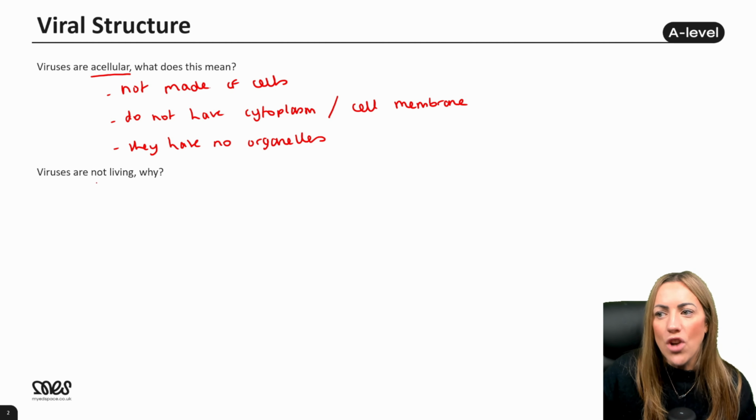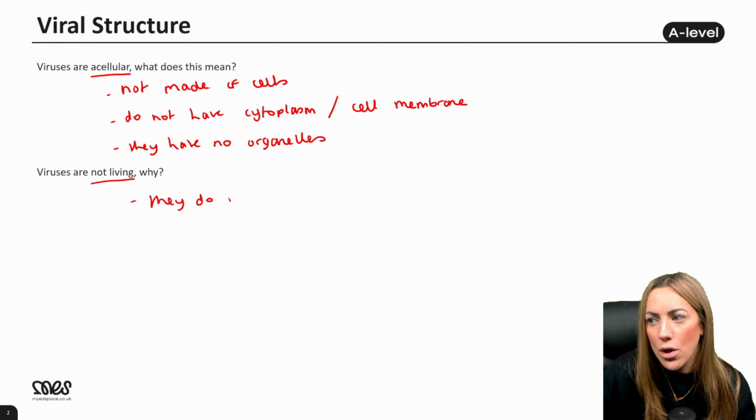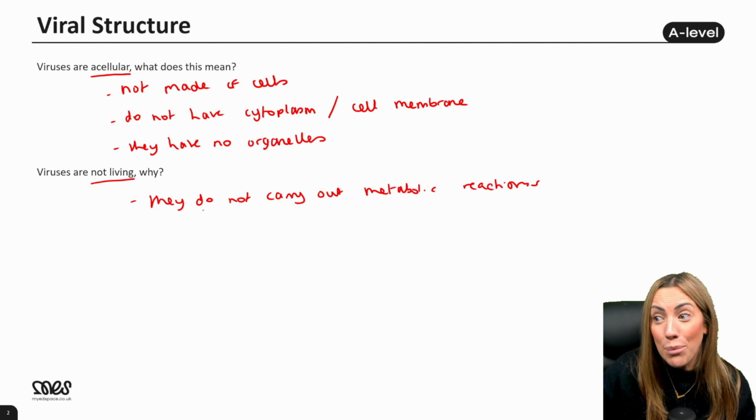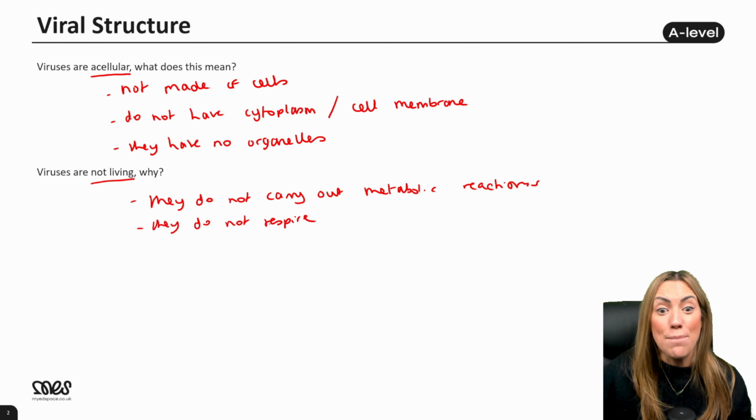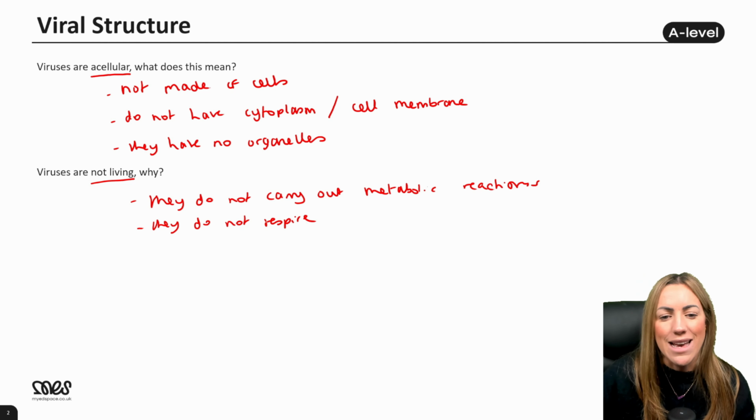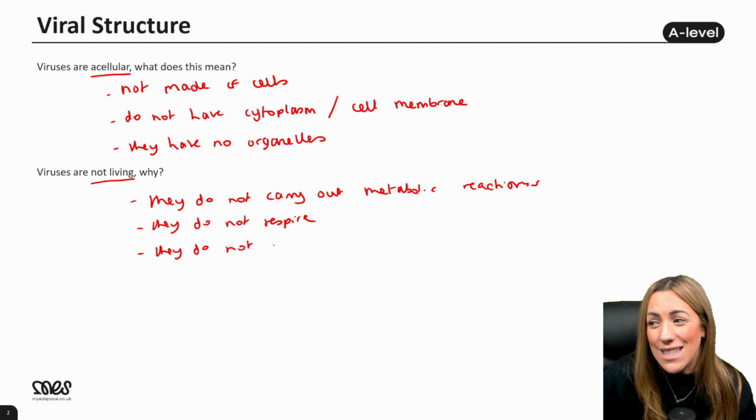They are also not living. Why? So they do not carry out metabolic reactions. Or you could give an example, they do not respire. Think all the way back to Year 7 biology when you learned Mrs. Gren. To be classed as a living thing, you have to be able to respire, and viruses do not respire. They do not excrete, something else that we see in Mrs. Gren.